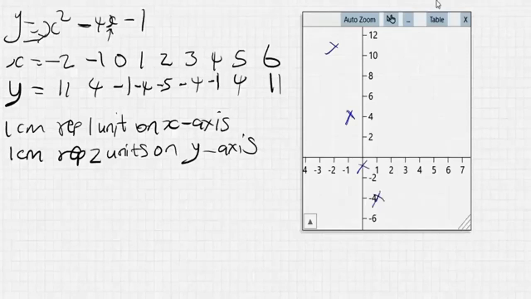Now when our x is 2, our y is -5. When you trace it, -5 will be in between -4 and -6, so the point will be somewhere here. When our x is 3, our y is -4.